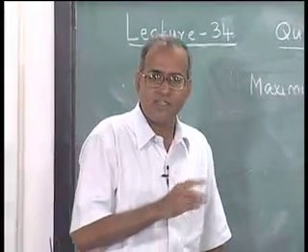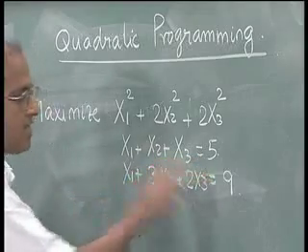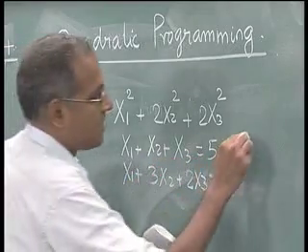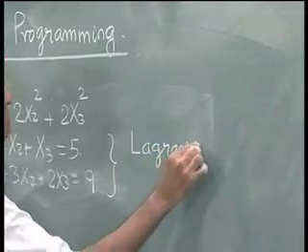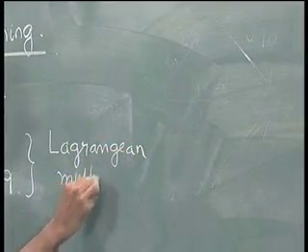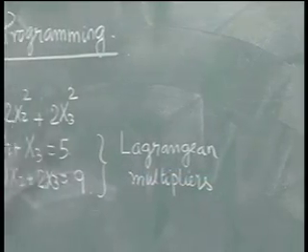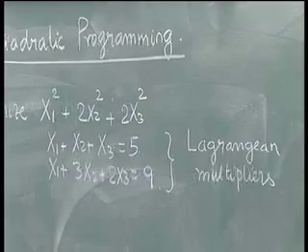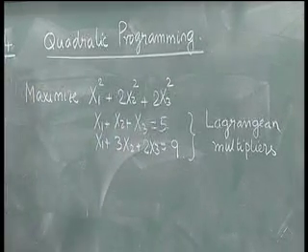One of the ways of handling constraints, particularly when the constraints are equations, is to use Lagrangian multipliers. Take the constraints to the objective function by introducing as many Lagrangian multipliers as the number of constraints.